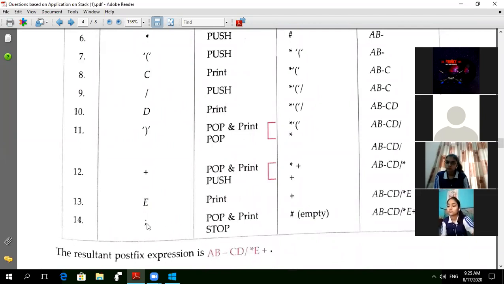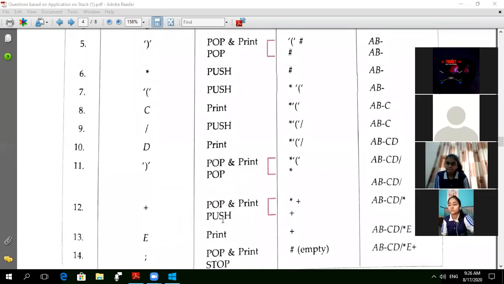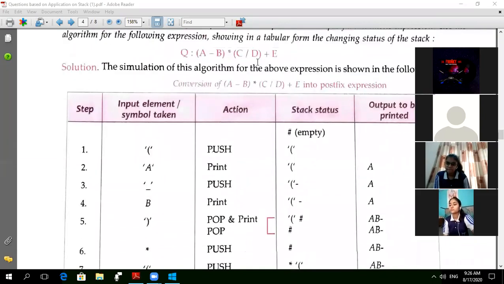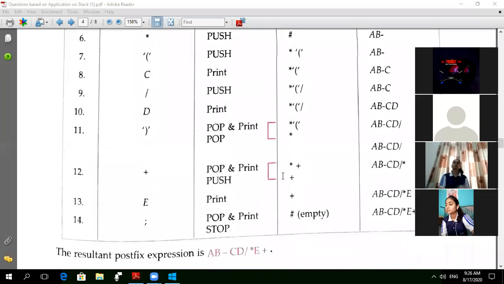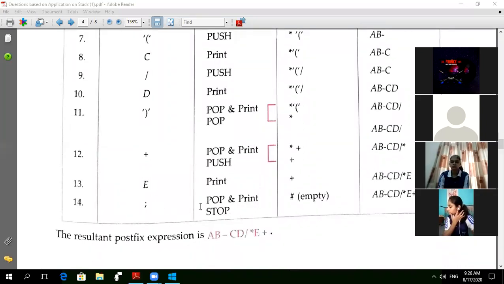After that, the semicolon will not come, because I think this is a printing mistake. A semicolon is not given in the question. In the question there is only a minus b multiply c divide d, bracket close, plus e. Only this much is given, so there is no semicolon. This is a printing mistake. Clear?